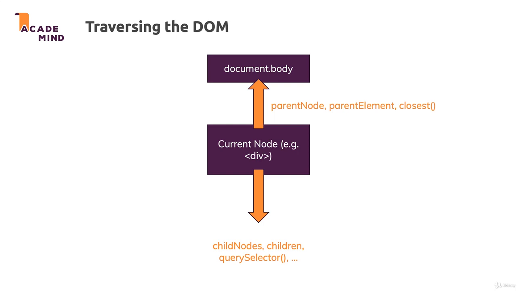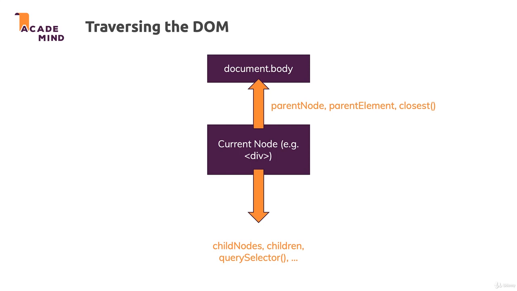And of course, as I also showed you already, you can use querySelector, getElementsByClassName and so on on any selected element node as well. So these are also methods which are always available on any selected element object, and therefore you can always use these to dive deeper into all the descendants you might find there in that part of the DOM tree based on that element which you already selected.